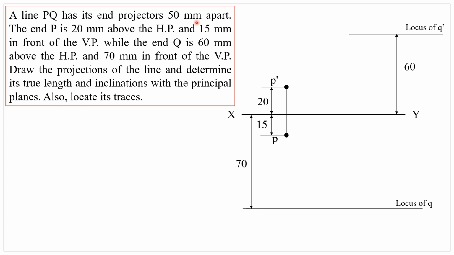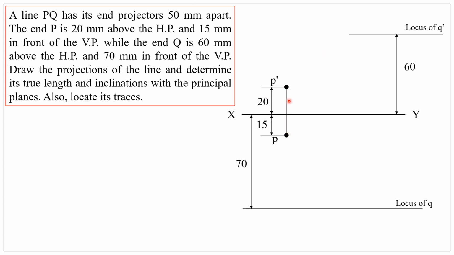We know in orthographic projections, top view comes directly below the front view when the object is in the first quadrant. So point P is an object. Its front view is P dash, top view is P. The line connecting the front view and top view is an end projector. Therefore, the line P dash P is an end projector.